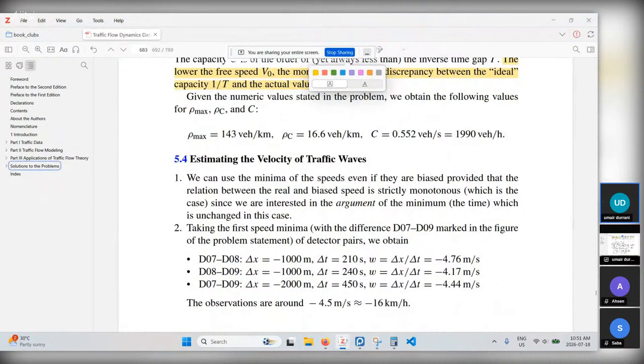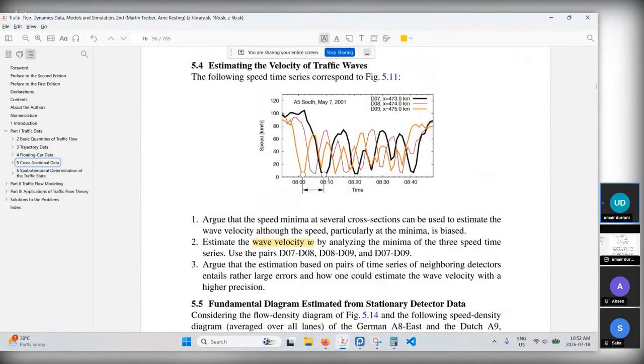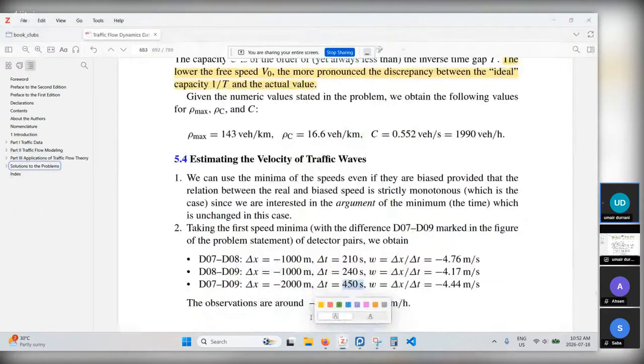So if we look at that here for D07 and D09, they tell us that the difference between them is 2,000 meters or 2 kilometers, and the delta t is 450 seconds. This is based on what is highlighted here. If you convert this time into seconds, that turns out to be 450 seconds.